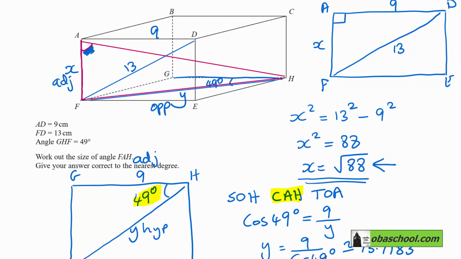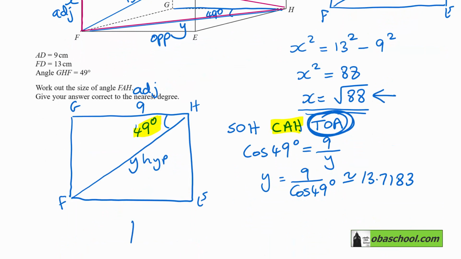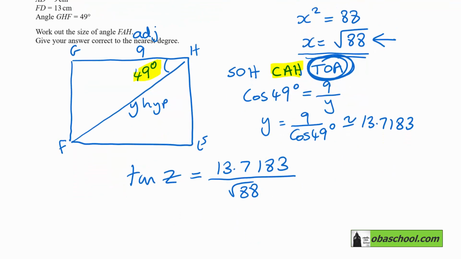So adjacent and opposite means we're using the tangent now. So the tangent of the angle that we want, let's call it Z, is going to be the opposite, which is 13.7183, divided by the adjacent, which is the square root of 88.